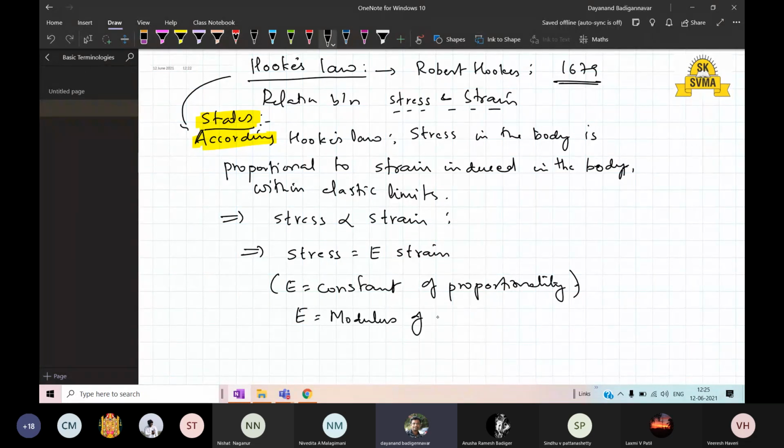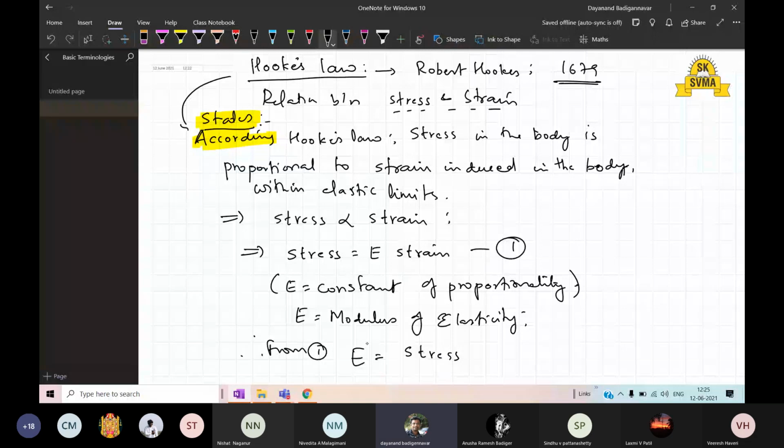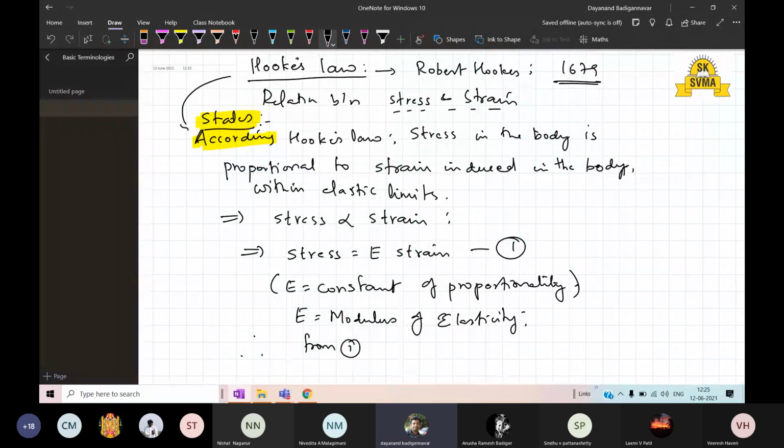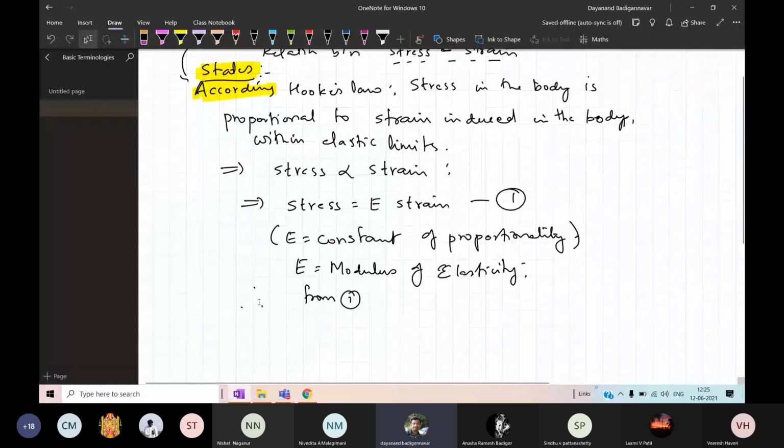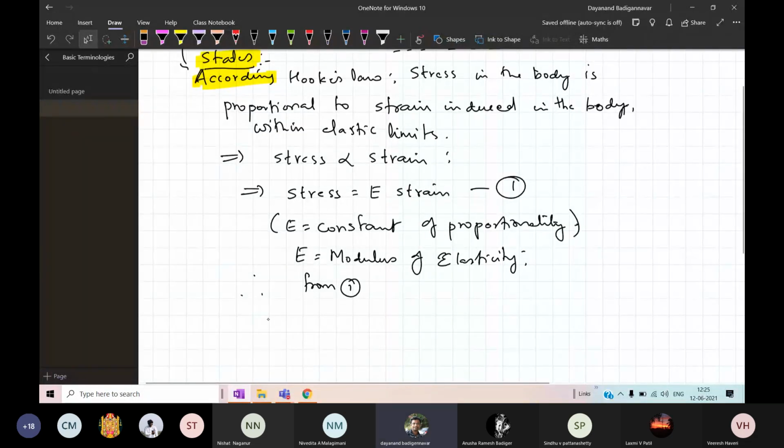Therefore, if I take this as equation 1, from 1 I can write the value for E, that is the modulus of elasticity.